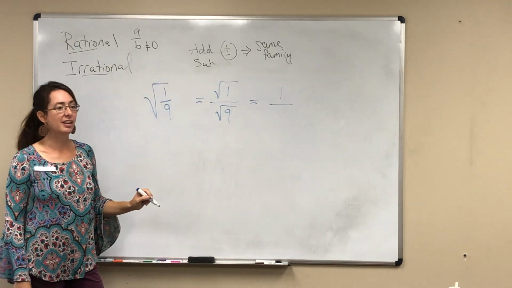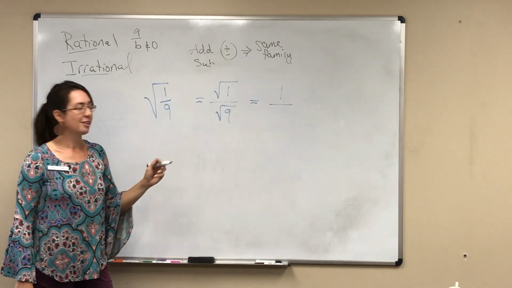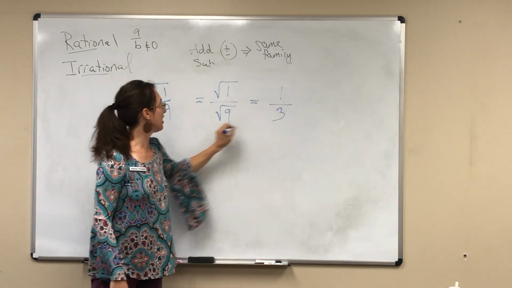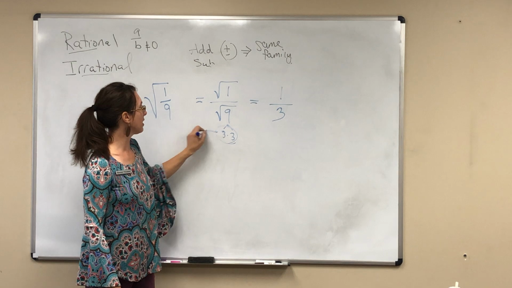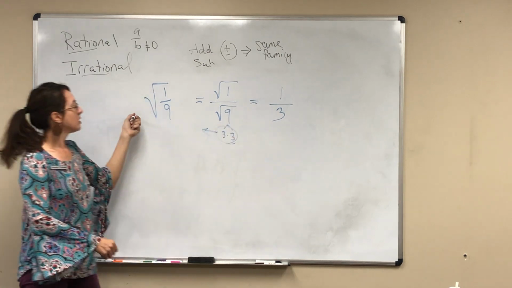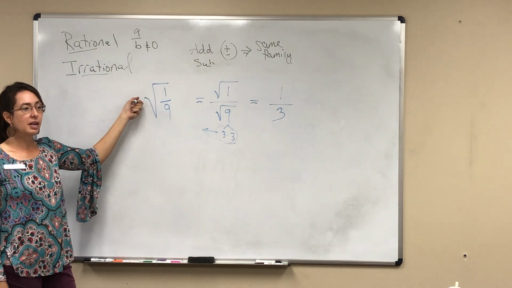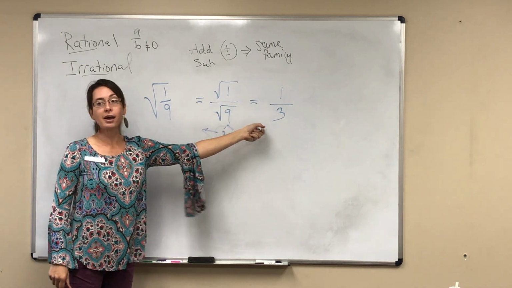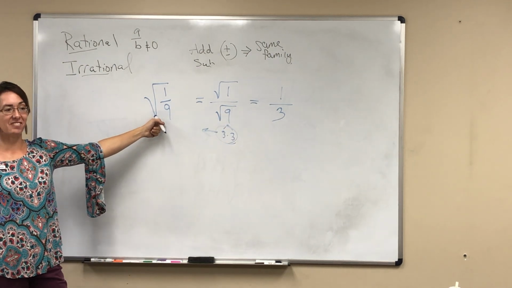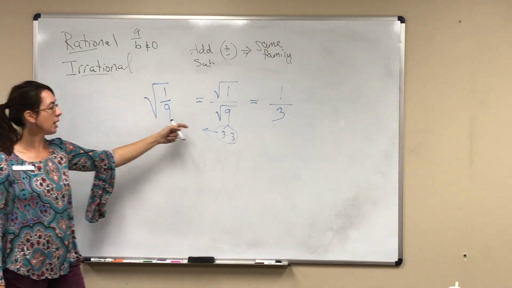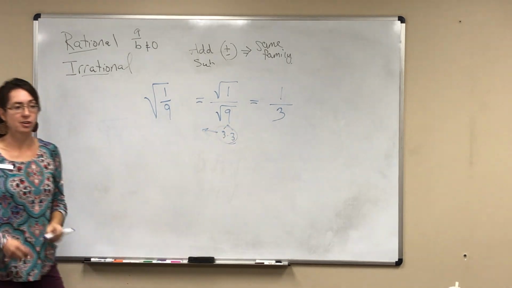What's the square root of 9? 3. 9 is 3 times 3, there's my double set, I bring it to the outside. So sometimes it might be beneficial to break it back up, because you know that's a rational number, so we can end up with a rational answer at the end.